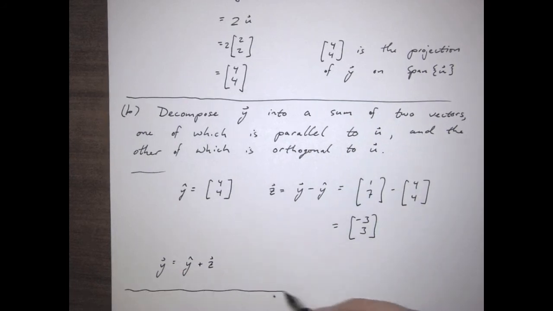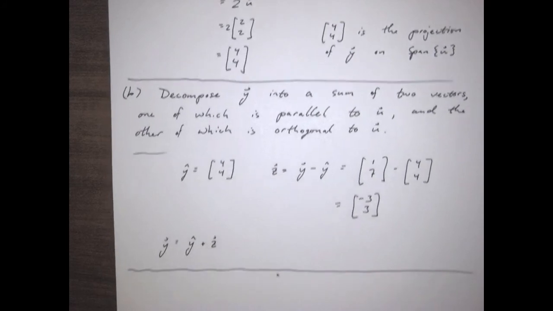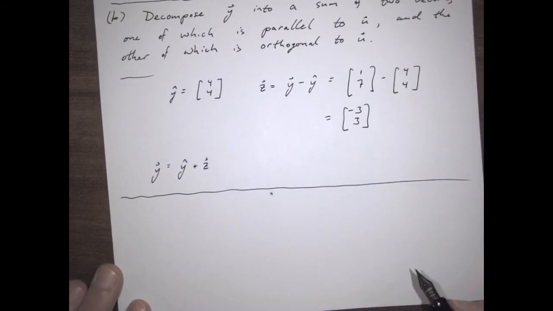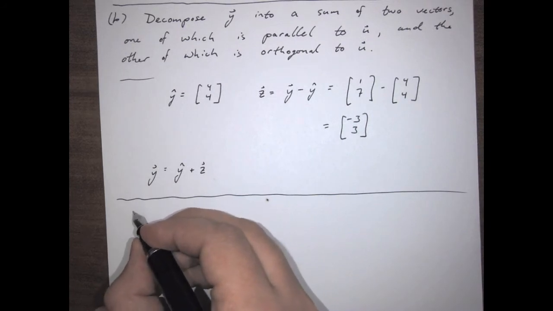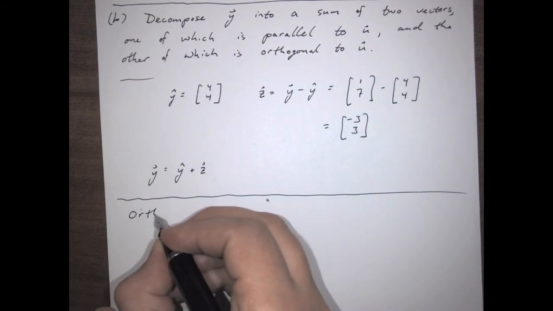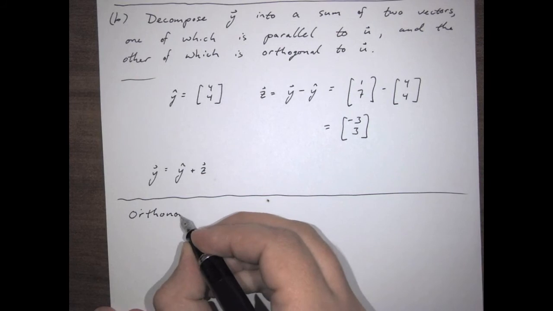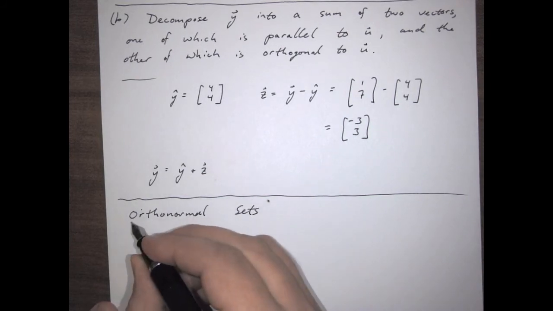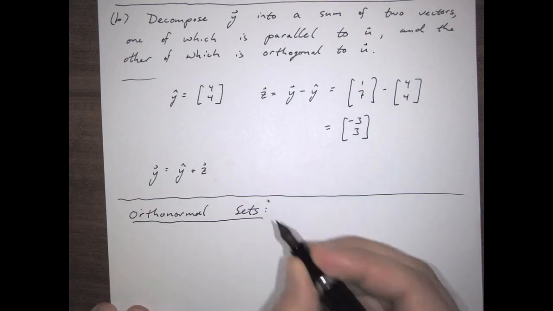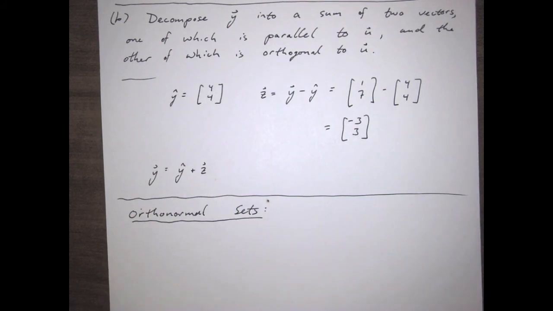All right. So now the final topic of this section is orthonormal sets. So here we are talking about orthogonal sets that have one extra condition, and that's that the components of the set have been normalized.